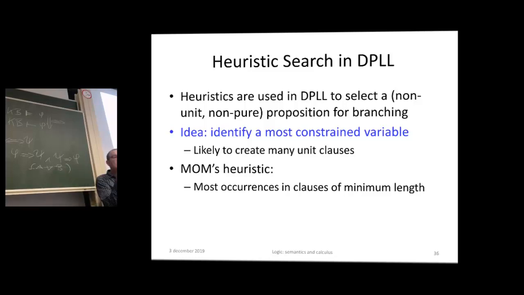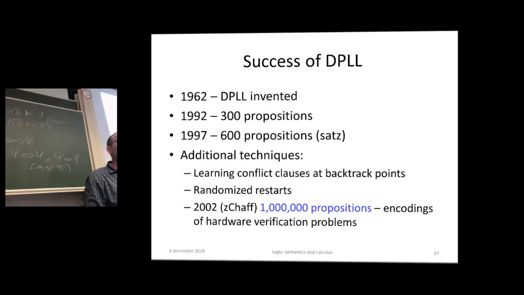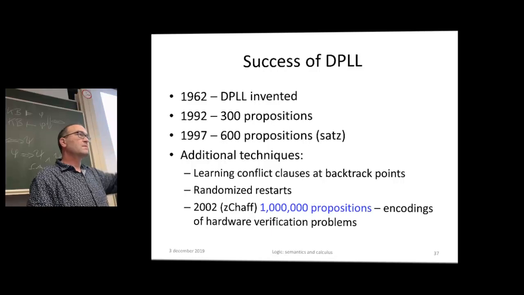So you look at the shortest clauses, and you count in how many of those short clauses the variables occur, and you start assigning values to those first, because they will get you to the unit clauses first. That's, for example, a heuristic that you can apply in order to shorten the tree even more. And I think that's a good slide to stop with.